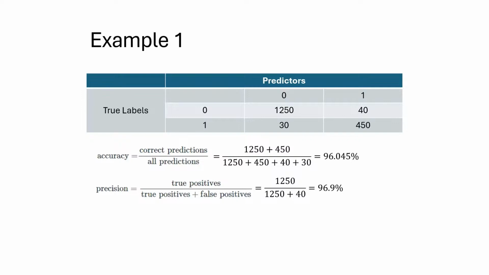So the precision is calculated as 1250 divided by the total number in row number 1. So the precision is 96.9%.